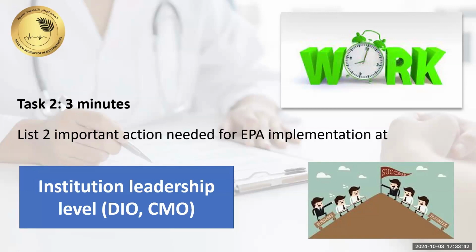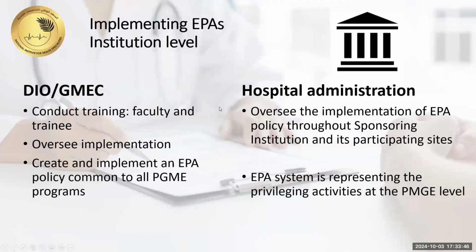So let's go further then. If nobody wants to give us their opinion, we think that the DIO, the GMAC, and the hospital administrations are key factors in implementing EPAs. Because at the institutional level, they have to coordinate all the actions in the programs, all the happenings regarding the EPAs.